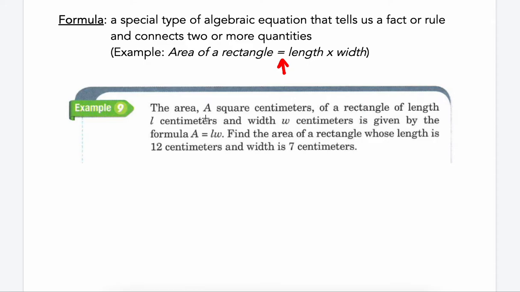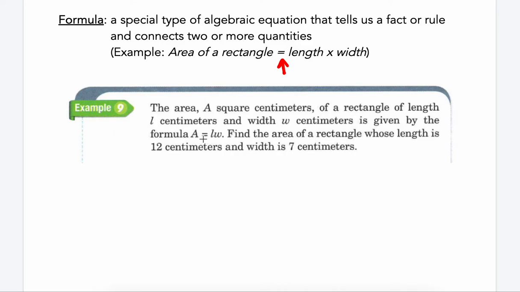Right now we have no idea how much the area is. So the area A, square centimeters, that's how we're measuring it in square centimeters, of a rectangle of length L centimeters. We don't know what the length is right now, so we're just calling it L, and width W centimeters. We don't know what the width is right now. We're just using the variable W to represent the width instead of writing out the whole word.